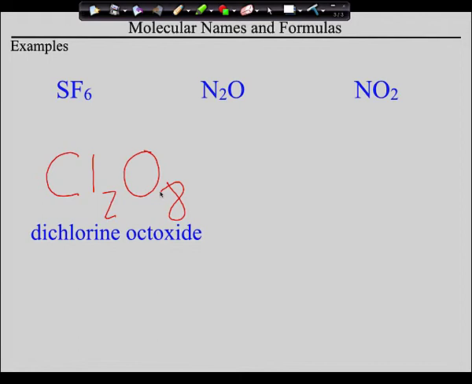So guys, let me give you a hint on the test. You ready? You may forget the prefixes. For example, if I had given you, this doesn't even exist, but if I had given you SF7, you may forget that fluorine is hept. But I'll bet if I gave you sulfur heptafluoride, you might be able to make the connection in the other direction and remember that hept is 7.